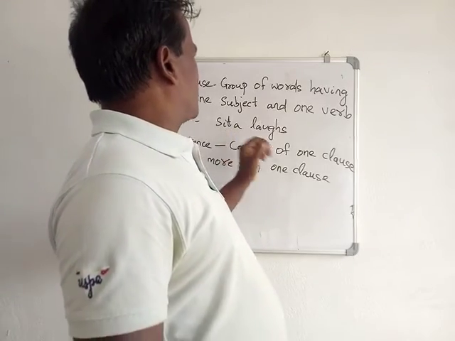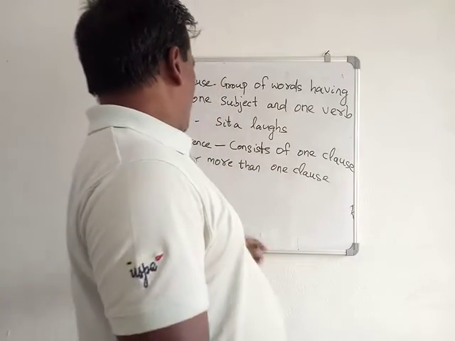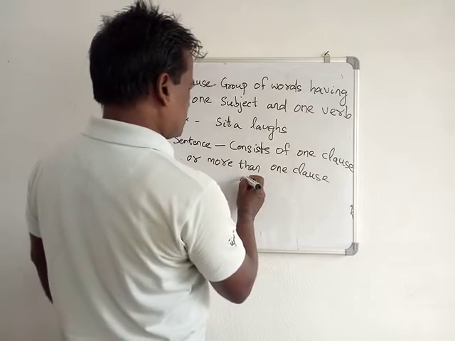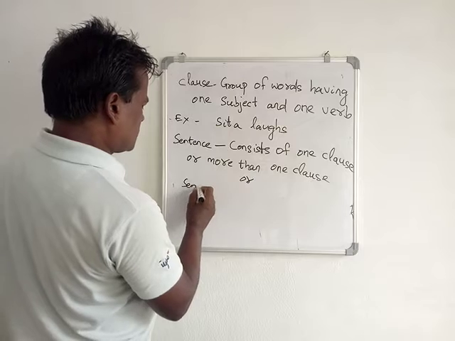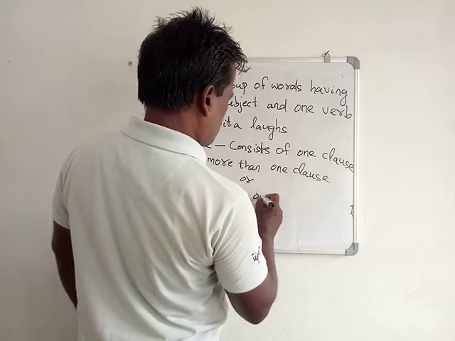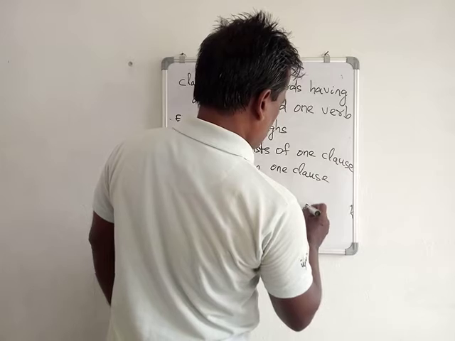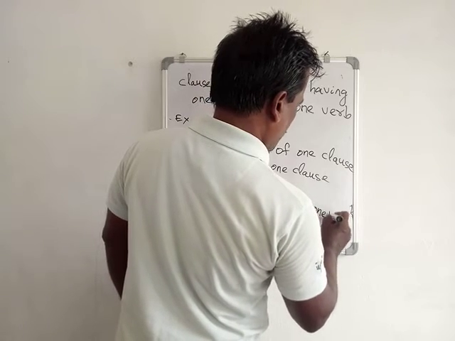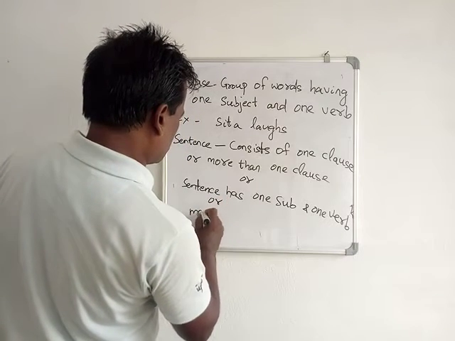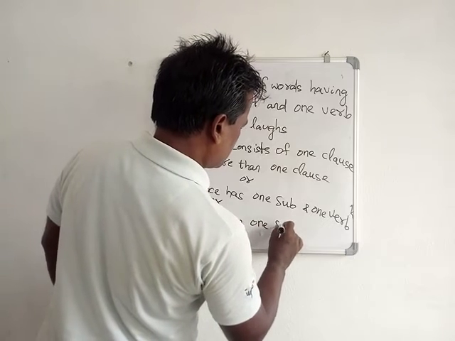In a clause there is one subject and one verb, and a sentence consists of one clause or more than one clause.